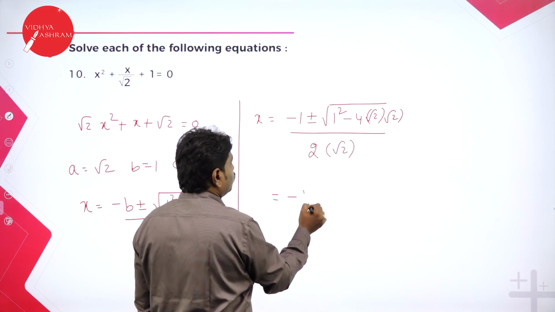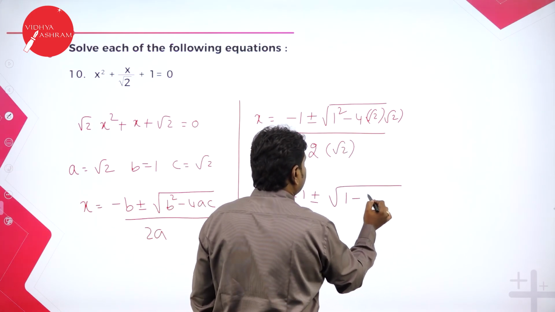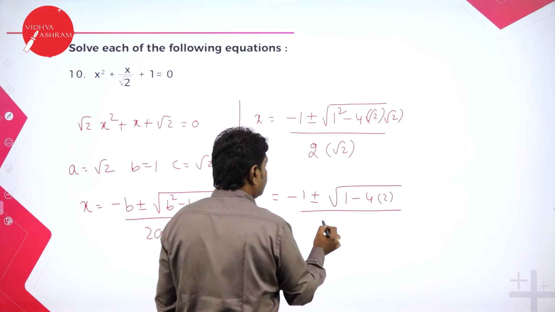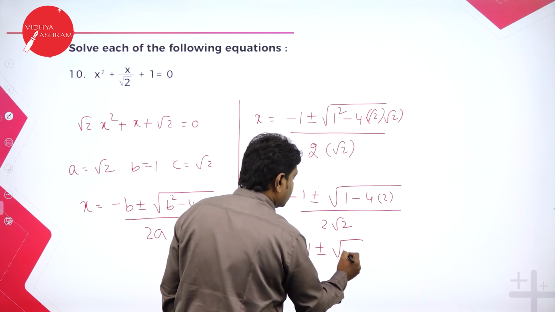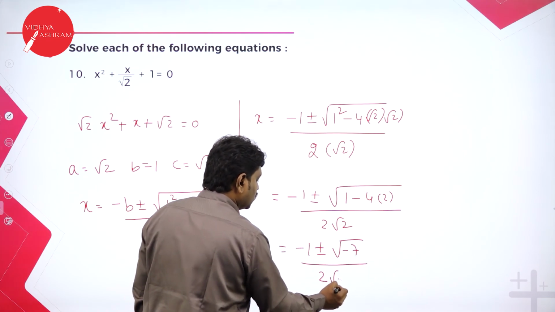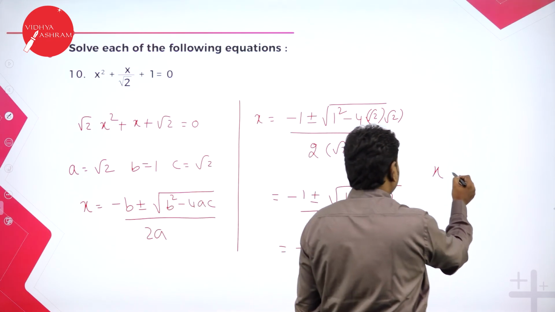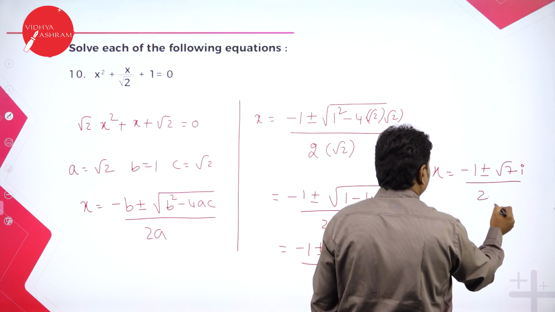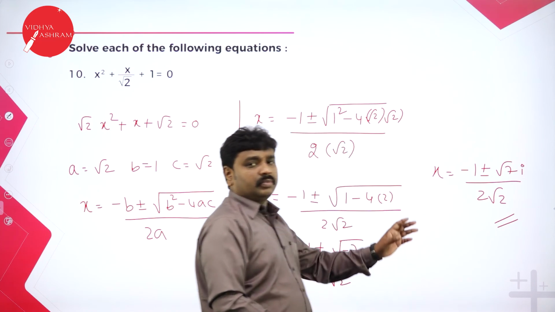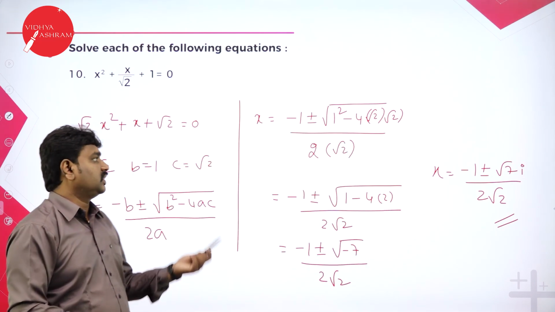So minus 1 plus or minus root of 1 minus 4 into 2, divided by 2 root 2. So minus 1 plus or minus root of minus 7, divided by 2 root 2. Further, x is equal to minus 1 plus or minus root 7i divided by 2 root 2, or 1 by 2 root 2 into minus 1 plus or minus root 7i, you can write like that.